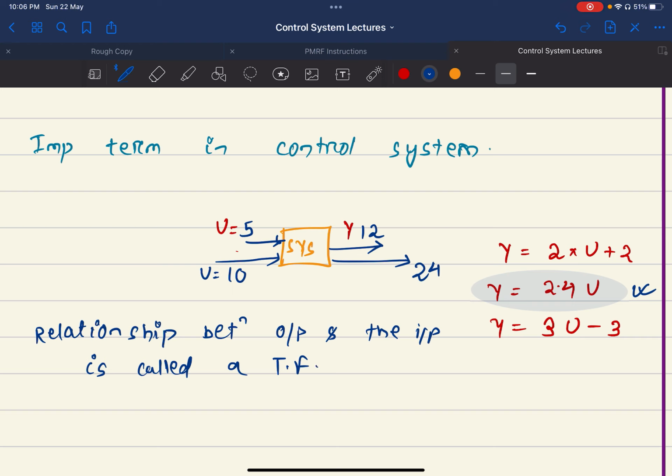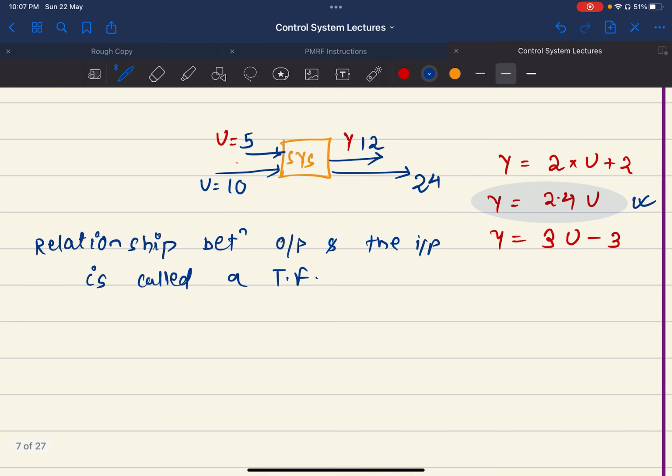It's nothing but how my output changes with different values of the control, like the input. If I give some input, how my input is changed into the output value that is transcribed by the system is the transfer function.